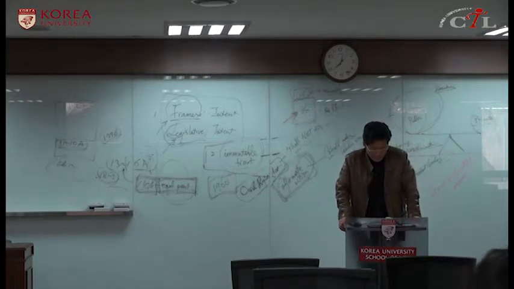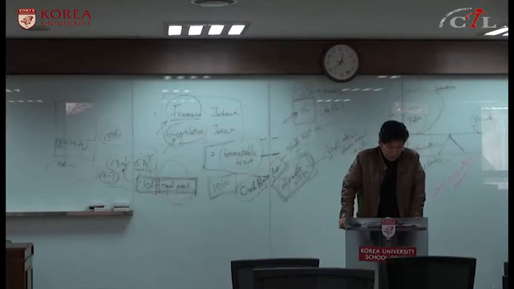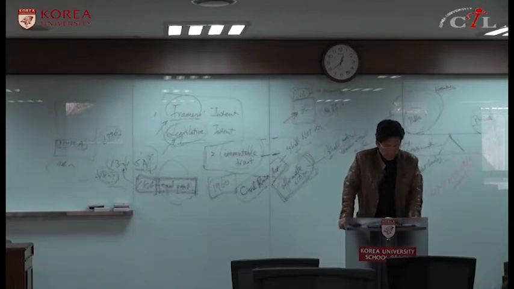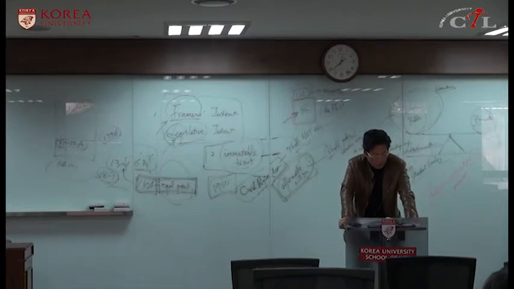So if you look at page 666, the second paragraph, the bottom, roughly equal numbers of minorities and non-minorities.